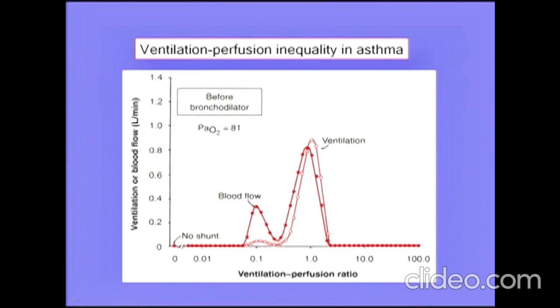And presumably those are lung units behind highly obstructed airways, or perhaps completely obstructed airways obstructed by mucus. It's very interesting that in this patient there was no shunt, so that in spite of this large amount of blood flow to poorly ventilated units, there was no shunt. And I think this suggests that the shunt may have been prevented by collateral ventilation.